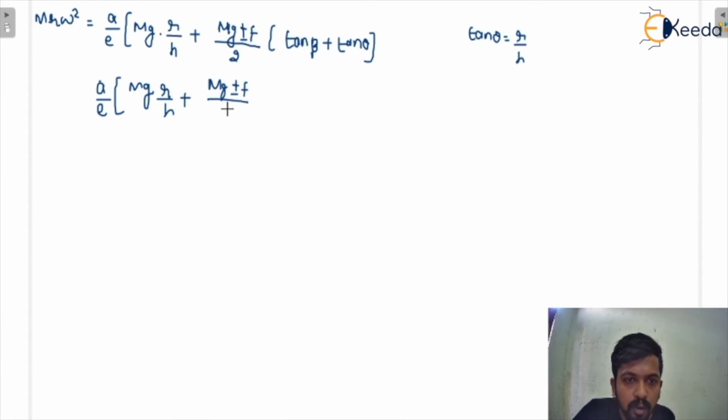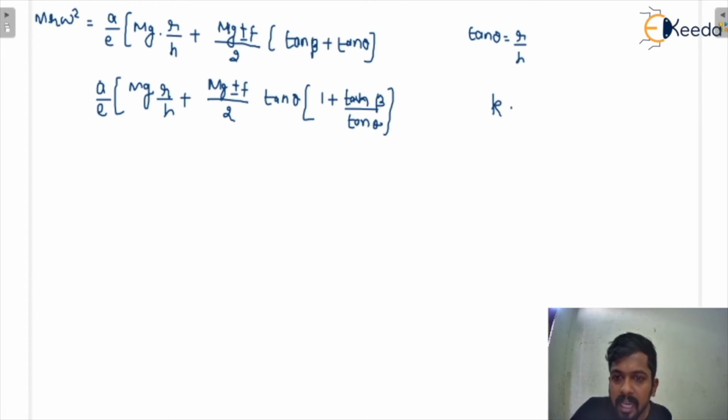You just have to look carefully. So I am taking tan theta common and I will get 1 plus tan beta upon tan theta.